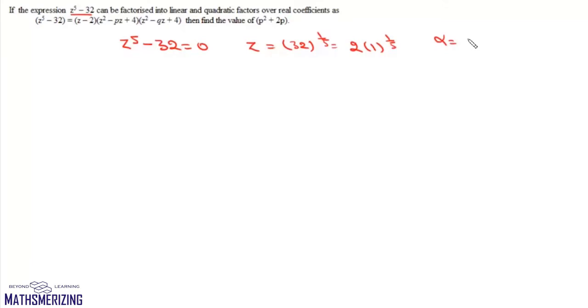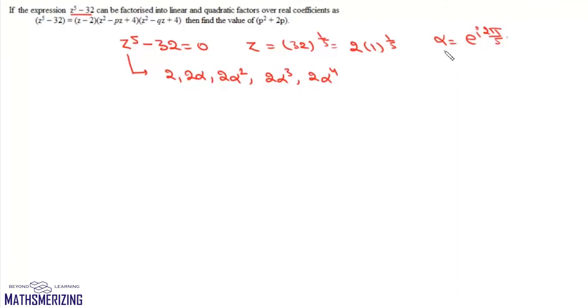Now say alpha is e to the power iota 2 pi by 5, that is the fifth root of unity. Then the 5 roots of this equation are 2, 2 alpha, 2 alpha square, 2 alpha cube, and 2 alpha to the power 4.